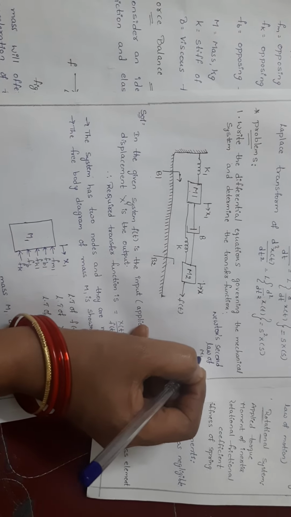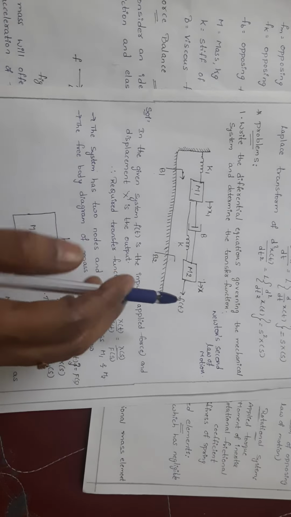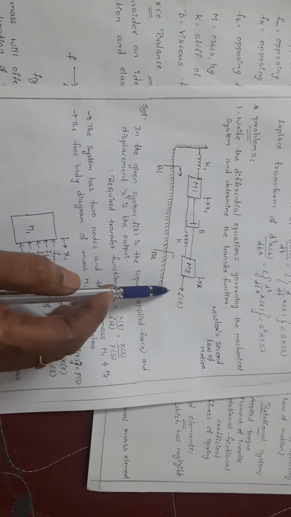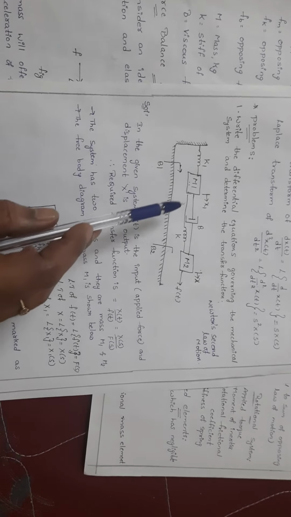Newton's second law of motion says that whatever forces are applied, the applied force is equal to the opposing force. Here we are applying the force f of t. And which are the opposing forces for this m1? For this m1, the opposing forces are fm1, fb1, fk1, fb and fk.